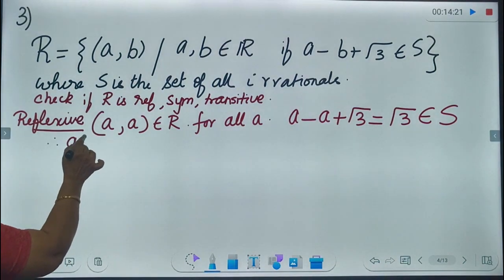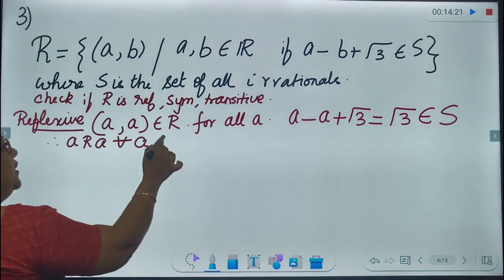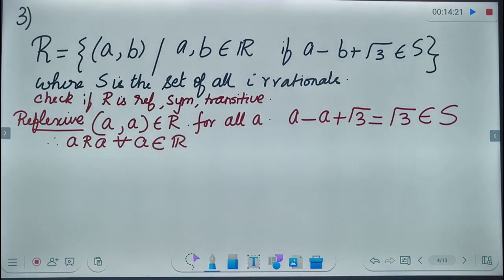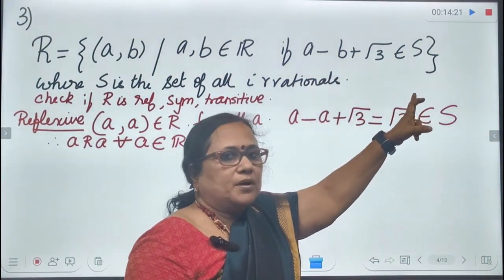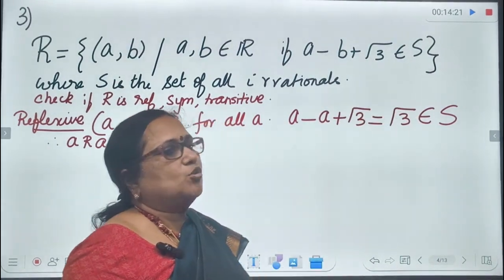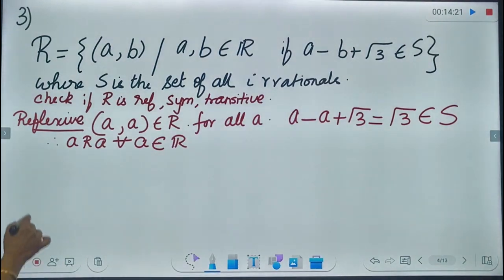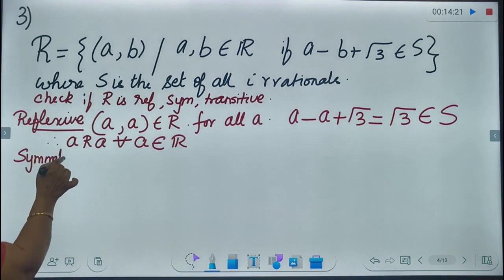Therefore, A is related to A for every A in R. Are you able to follow? If A is related to A, then A minus A plus root 3 must be an irrational number. A minus A plus root 3 is root 3. We all know that root 3 is an irrational number. Next, let us check symmetry.